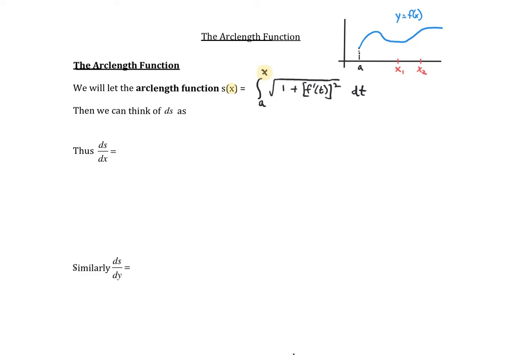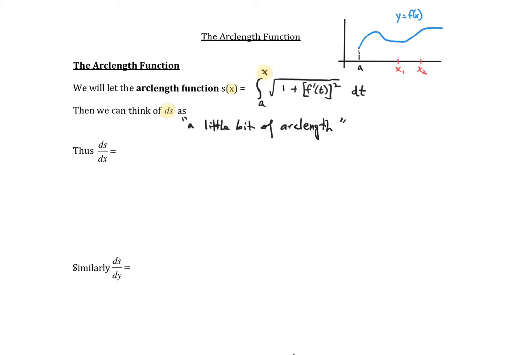All right. So another big thing that we care about is this idea of ds. Now, what is ds? ds can be thought of as a little bit of "arc length." Maybe I should put that in quotes.